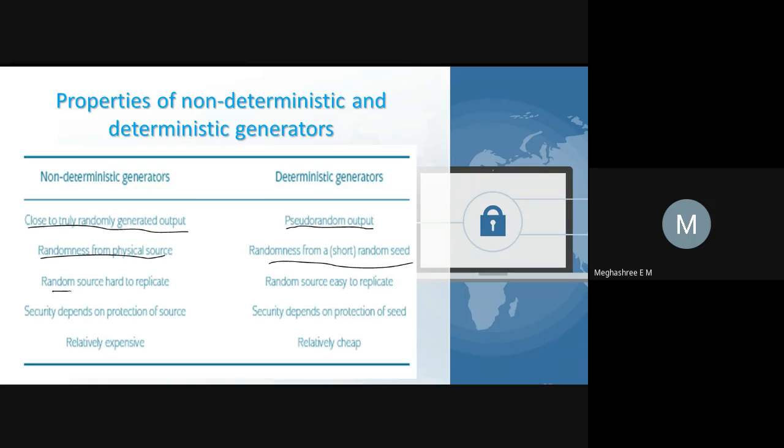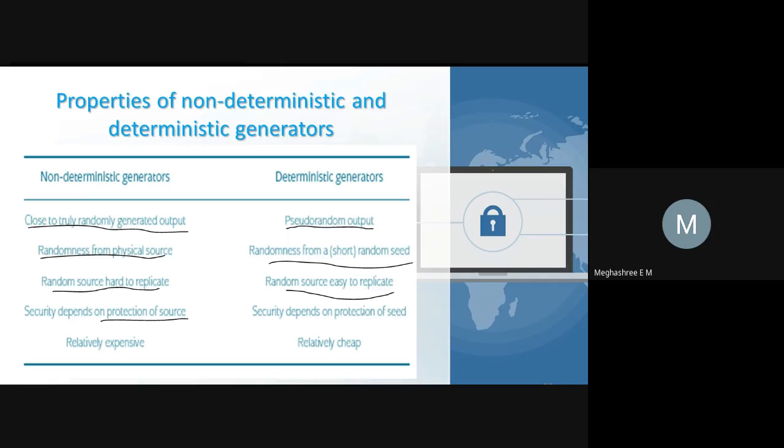The next one is that the random source is hard to replicate, whereas here it is easy to replicate. With respect to security, it completely depends on protection of the source. I mean, which source you are using to generate random numbers is very important. If the attacker knows the particular source you are using, then obviously it will be easy for the attacker to attack your system.